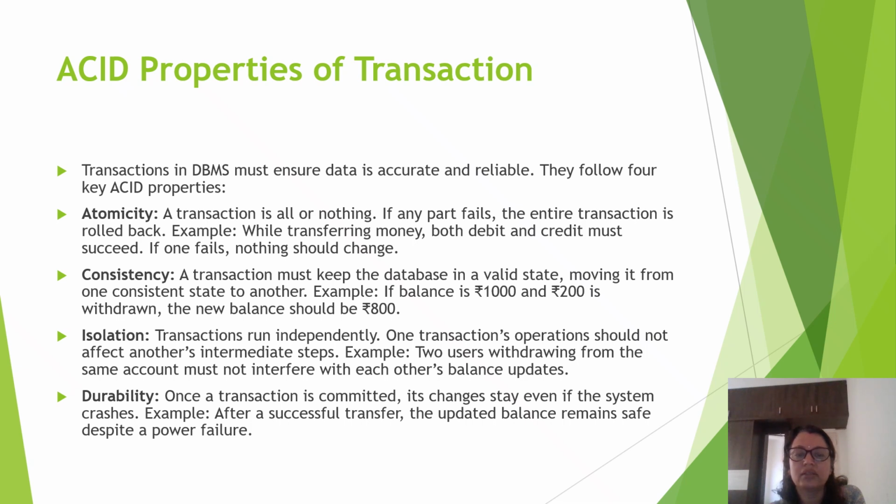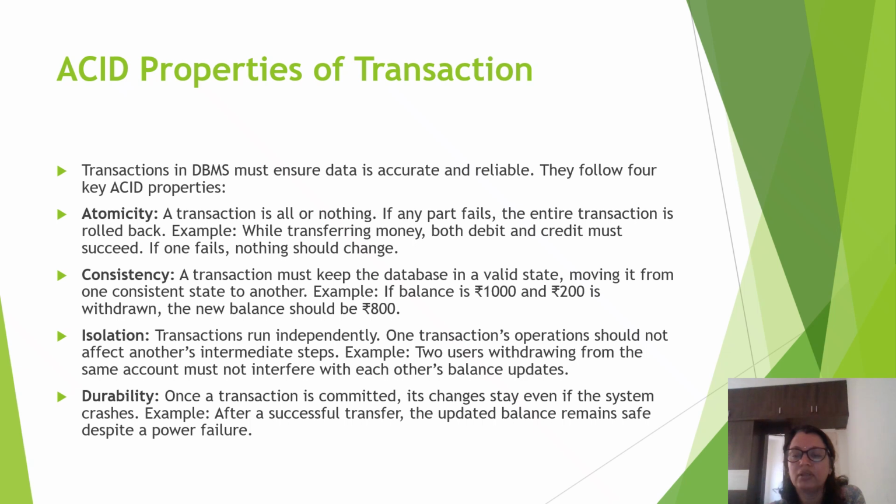The transaction must keep the database in a valid state. Here it is not in a valid state and is showing the wrong balance. If it executes successfully, the final amount should be 4,000 for account A and 5,000 for account B. Then that transaction is in a consistent state.